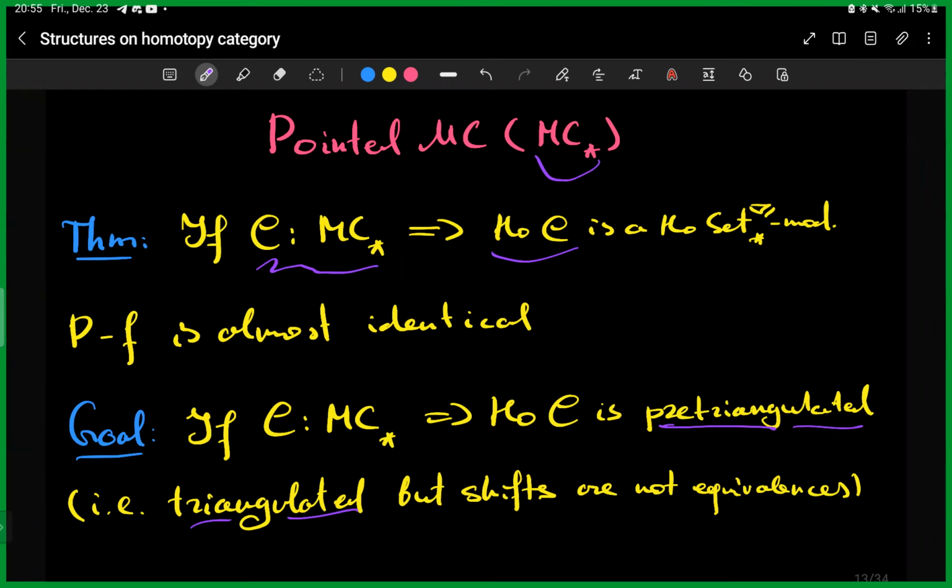And right triangles are invariant under negative shifts, so applying the loop space functor. That's the structure of a pre-triangulated category. Of course, I will give the necessary definitions a bit later, but the idea is that we have this sort of weaker triangulated structure on the homotopy category.